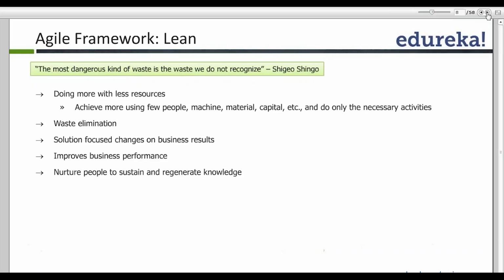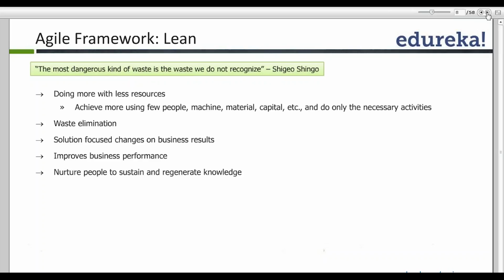And lean was born actually out of Japanese manufacturing companies. And as you can see a quote there, it says that the most dangerous kind of waste is the waste we do not recognize. So many times we tend to ignore or turn a blind eye to the waste which is lying around us, and we fail to recognize that.